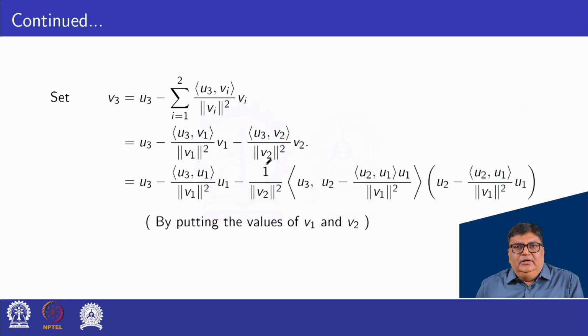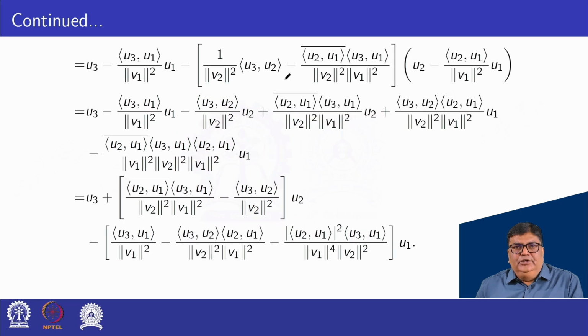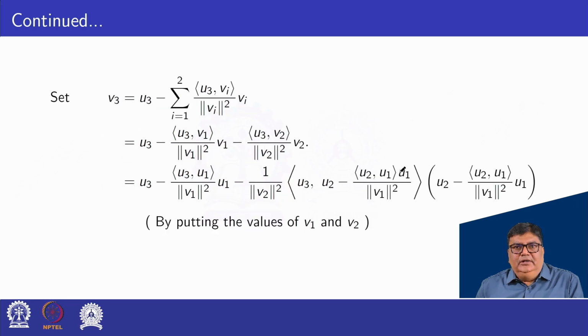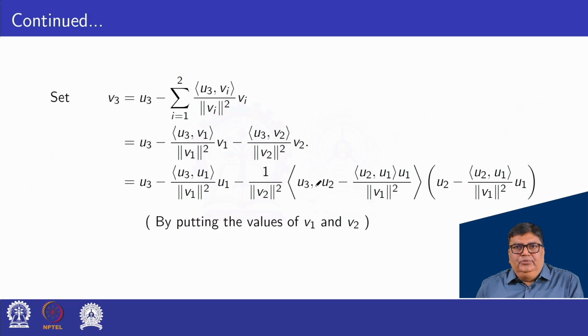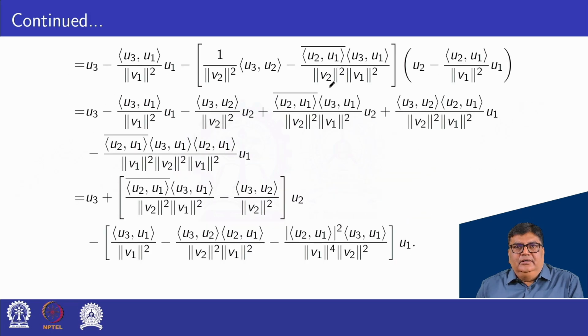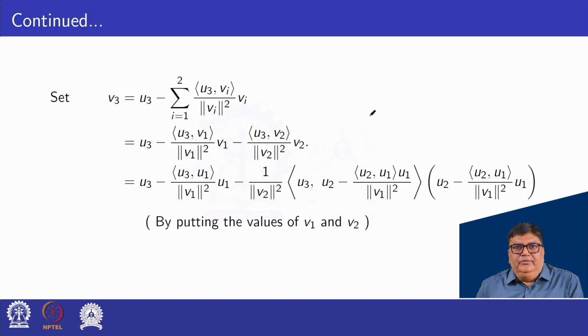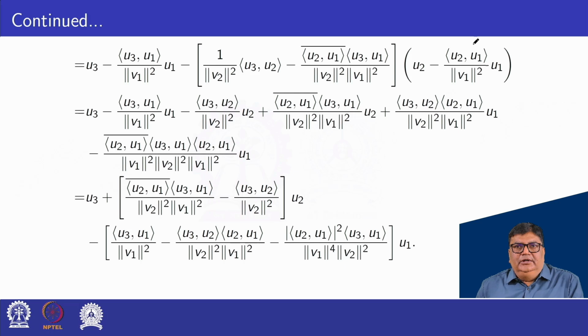Okay, 1 upon norm of V2 squared and the inner product of U3, U2, and outside the inner product this is U2, U1 bar into the inner product of U3, U1 upon norm of V2 squared into norm of V1 squared. Okay, into this one.